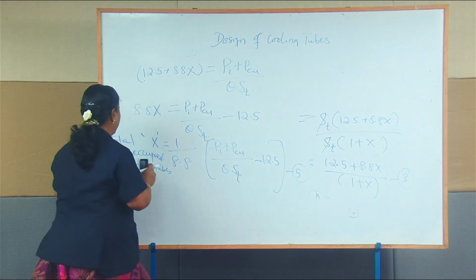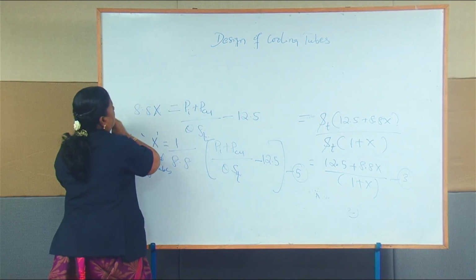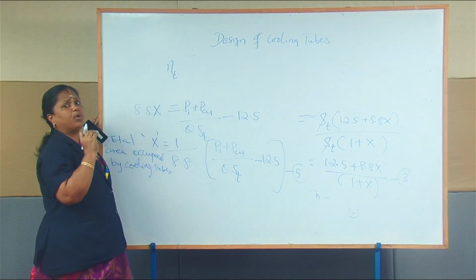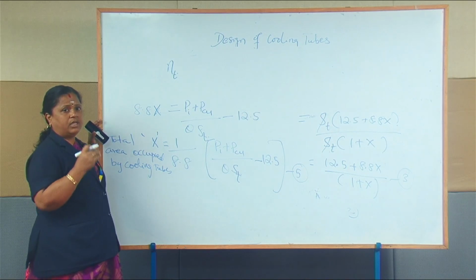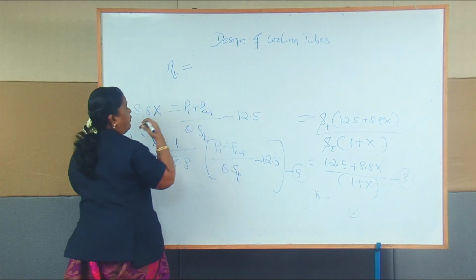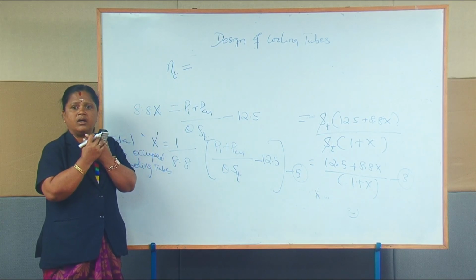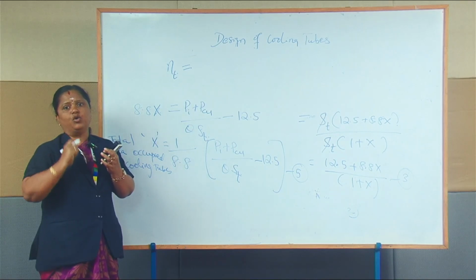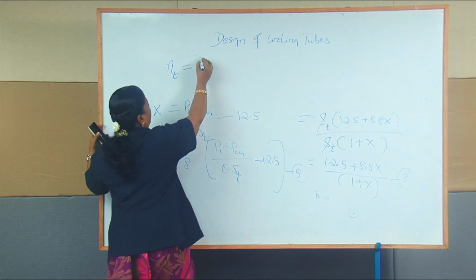Our next step is to calculate the number of cooling tubes that has to be provided around the surface of the tank. So, for that, if I know the total area occupied by the tubes and the area of one tube, then what is the formula? How will you calculate NT?